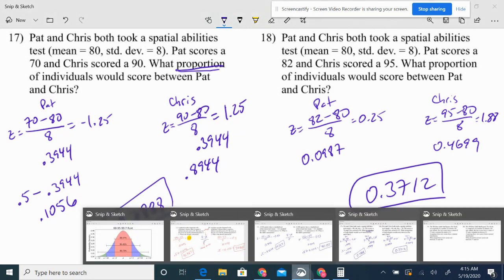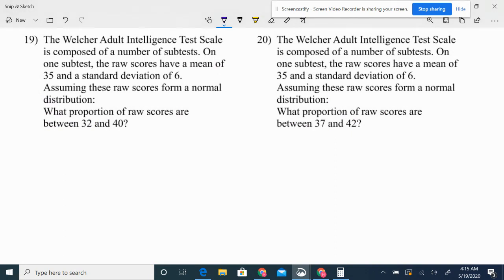All right, let's take a look at examples 19 and 20. So the Wechsler Adult Intelligence Scale is composed of a number of subtests. On one subtest, the raw scores have a mean of 36 and a standard deviation of 6. Here's my mu. Here's my sigma.